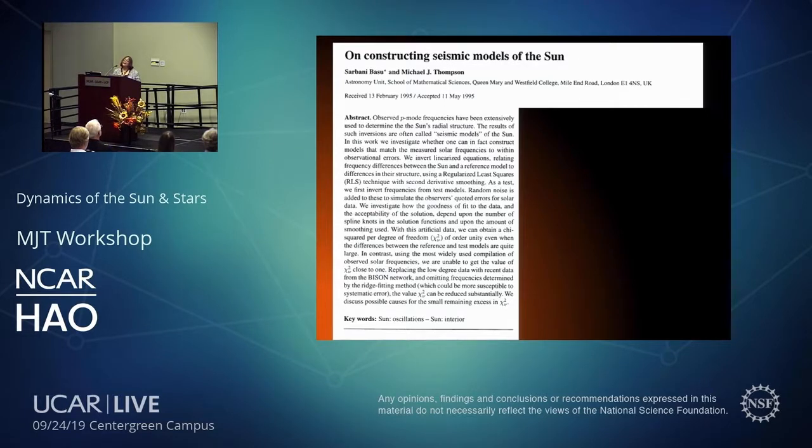We were trying our best to get as much information as we could out of that set, and so we did inversions for structure, for rotation, and anything else we could think of. What I'm going to present are results not just from the BBSO set, but everything that has come later.